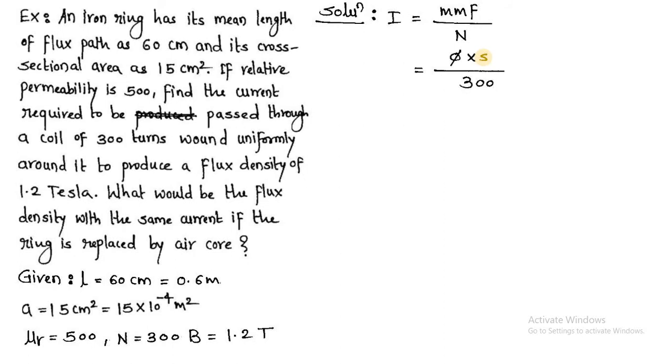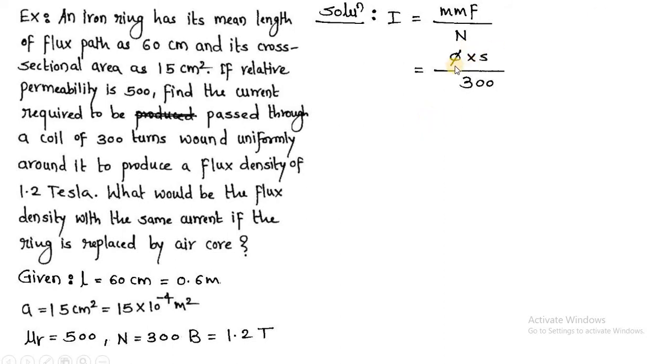If you remember, we took the rectangular window of a magnetic material, and in that figure we derived the ratio: reluctance is MMF divided by flux. So MMF is flux into reluctance, where phi is flux and S is reluctance. Now I do not know phi and I do not know reluctance either. I have to find them.